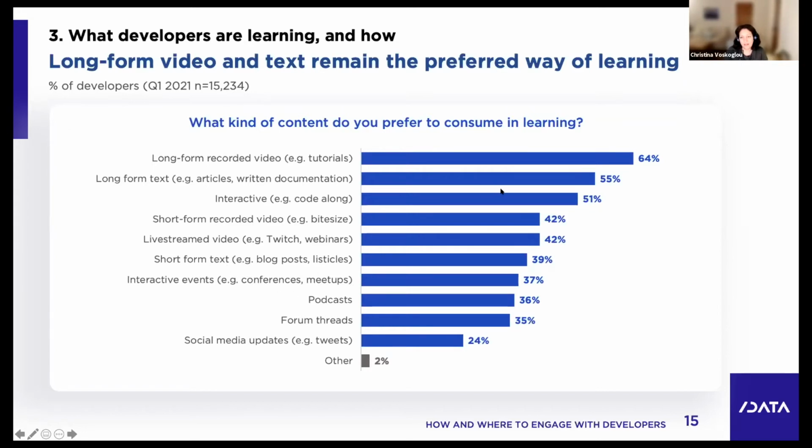So it's, let's say, the old school way still prevails. So long form videos, tutorials, and long form texts. Therefore, these are things to keep in mind when educating developers as to how to learn and offering content to them and engaging them through content.